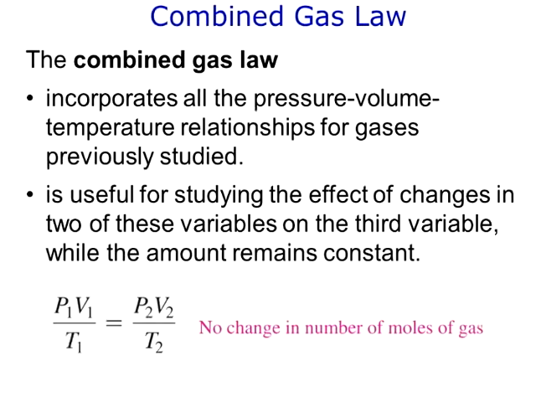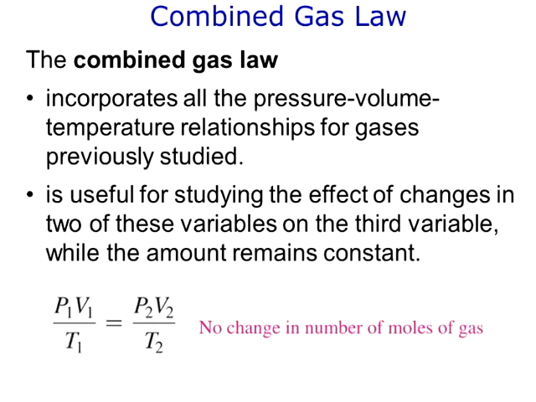The combined gas law. This law incorporates all the pressure, volume, temperature relationships for gases that we've already studied. You already understand how to use them. You understand how to note each variable as you walk through it. It is useful for studying the effect of changes in 2 of these variables on the third variable.